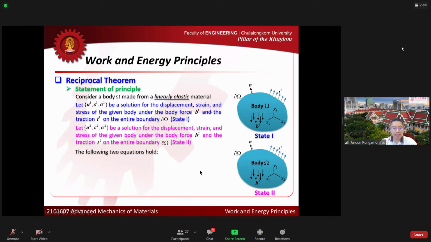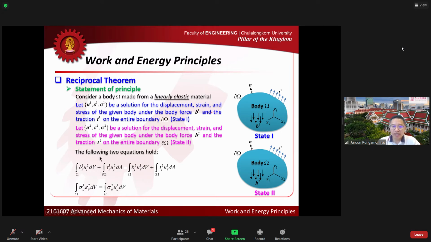Now, the theorem just says that the two equations here hold. Look at the first equation. If you take the body force from state 1 multiplied by the displacement from state 2, and you take the traction from state 1 multiplied by the displacement on the boundary of state 2, and you perform the integral over the boundary and over the body.